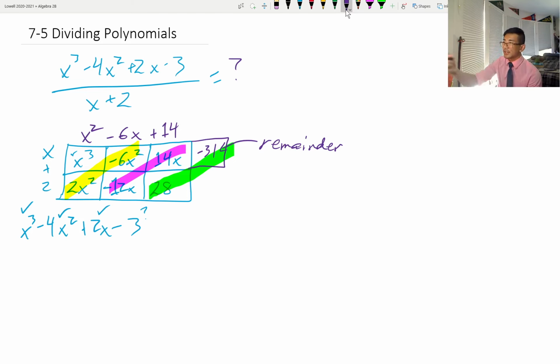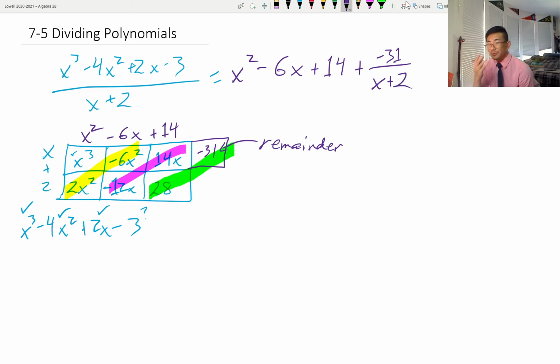The answer to this division problem is x squared minus 6x plus 14 plus negative 31 over our divisor, x plus 2.